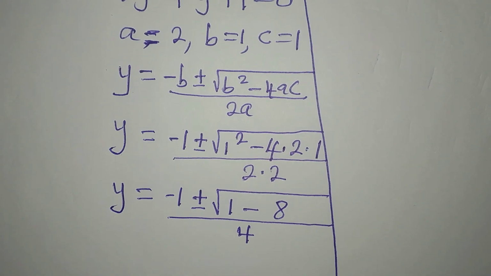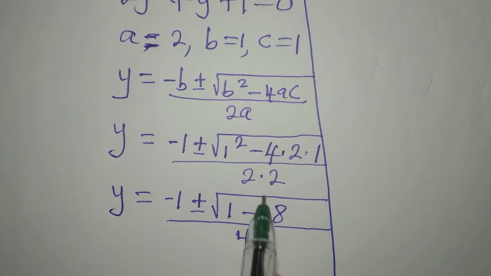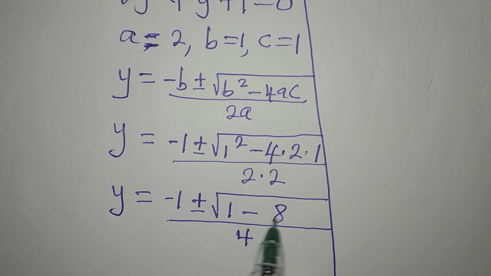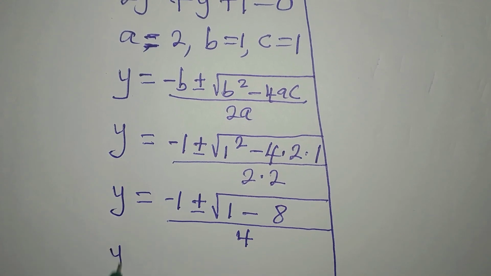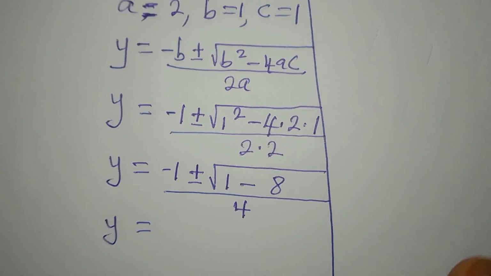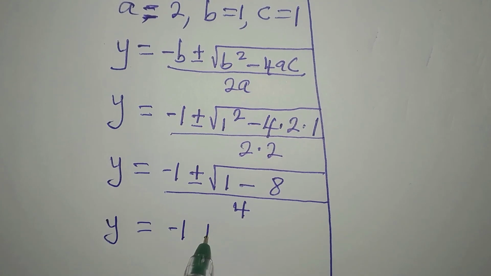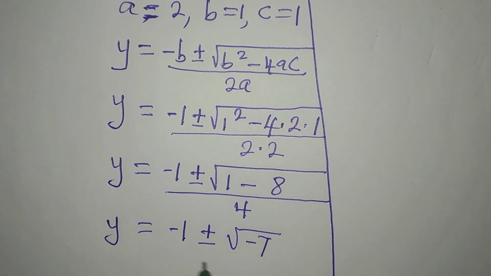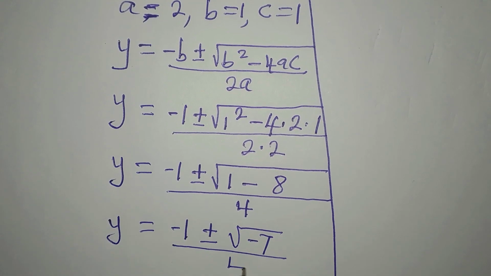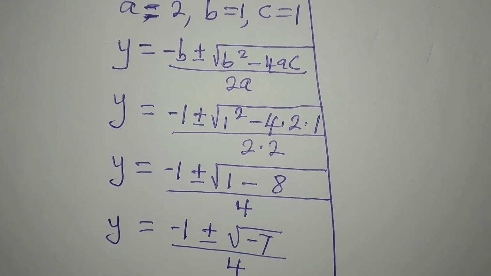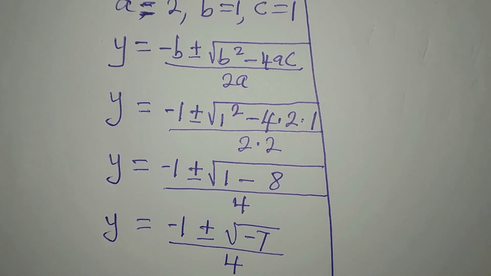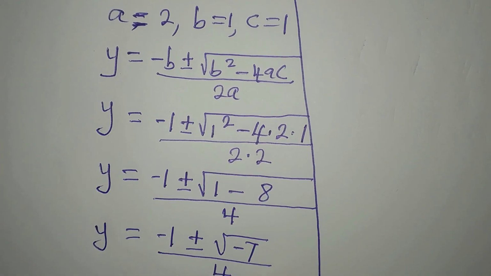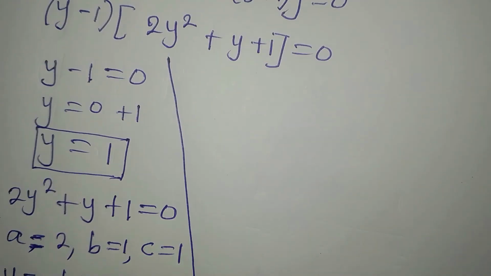Now from here, we are going to simplify the term under the root. So we'll have y equal to minus 1 plus or minus square root of negative 7, then divided by 4. Now, this looks impossible, but since we're interested in getting all the solutions, let's work it from here.